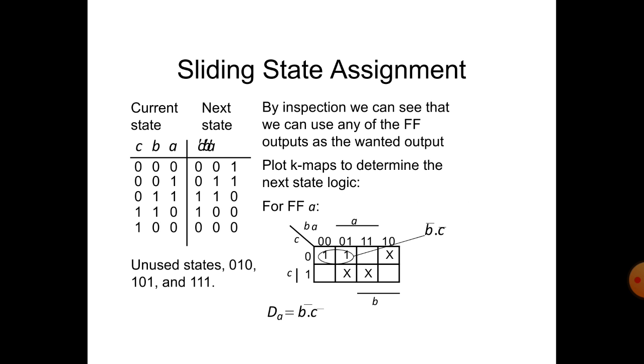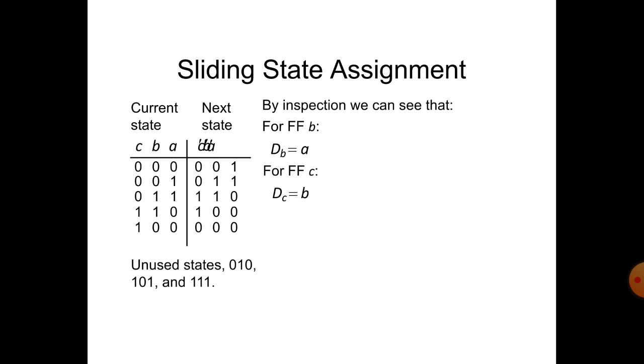By inspection we can use any other flip-flop's output as the wanted output. Draw the K-map to determine the next state logic for flip-flop A. We have a 3-variable K-map for finding the next state logic for this expression.